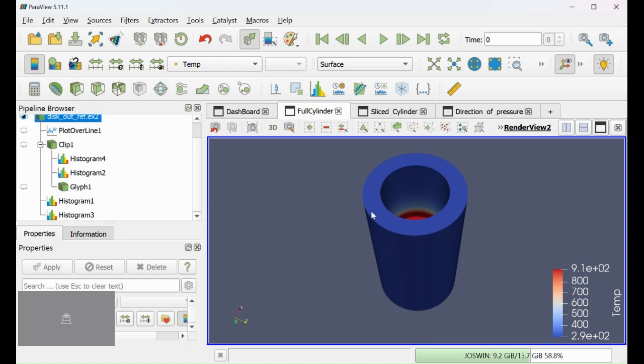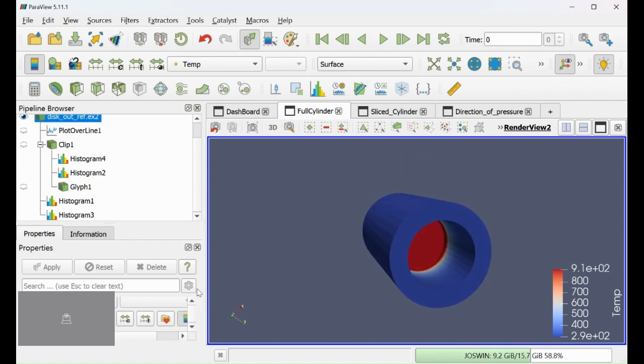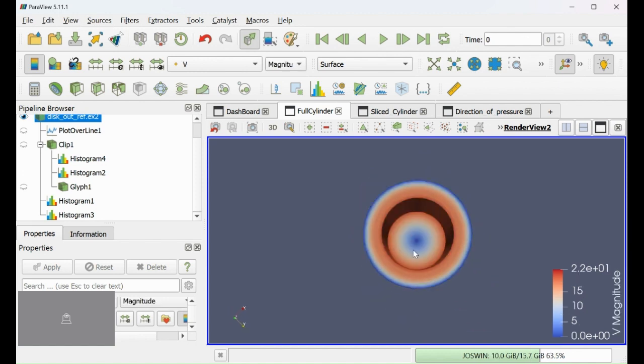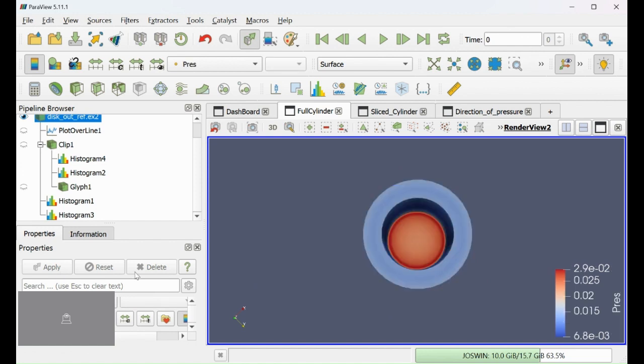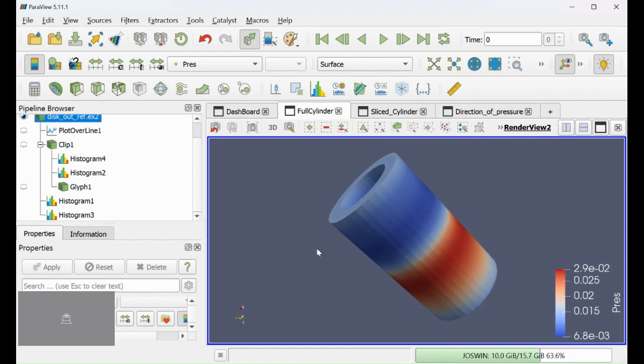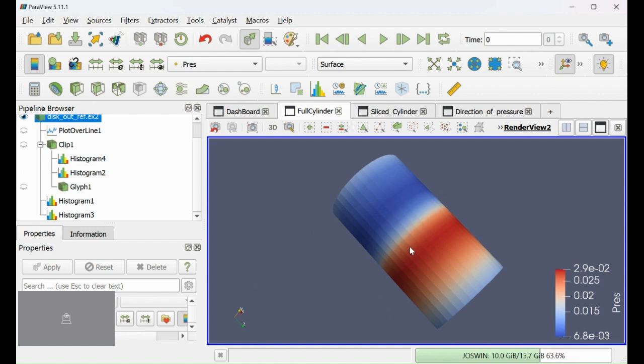So we are looking at this project where we are looking at the impact of pressure and temperature on this given cylinder. As we can see, when we select to look at the pressure, from the midsection of the cylinder to the bottom, you can notice a visibly higher pressure in the middle, and it's relatively high as you're going down.